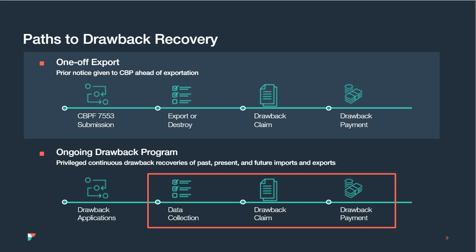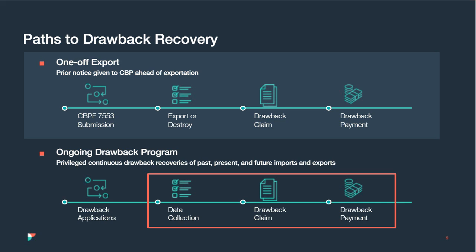And then, that's the one-time waiver. And then the waiver of prior notice, which is the second part of that application, allows you from today forward to not have to file that customs form every time you export, and still preserve the opportunity to claim drawback.